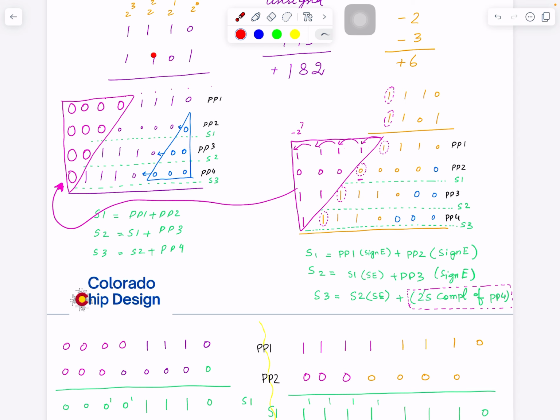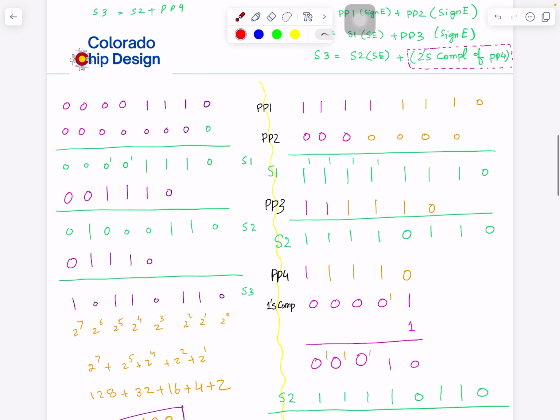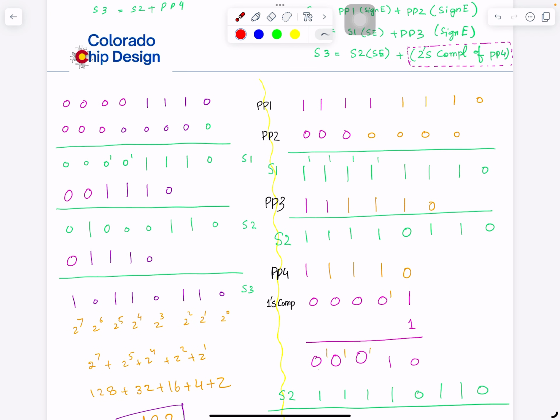The third partial product is 1. For the fourth partial product, we also have 1 in the multiplier. Just remember that because I'm going down now. I'll write that in red.